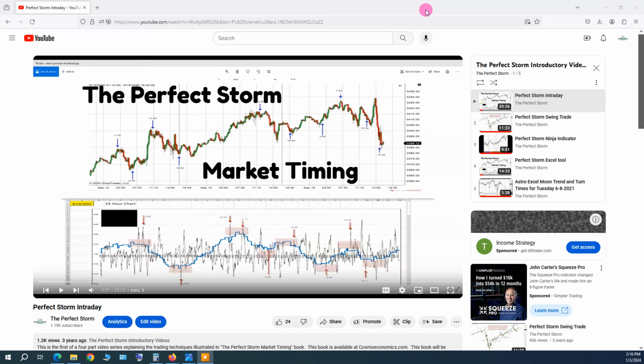Here it gives you a little bit of a lowdown on what these indicators look like and do. And then over the last couple of years in the channel, there are many videos that illustrate how to use the indicators, even though the secret sauce behind the indicators is only divulged to the book buyers.